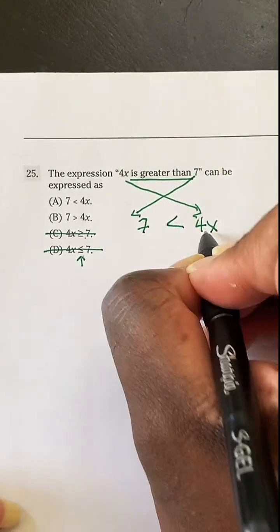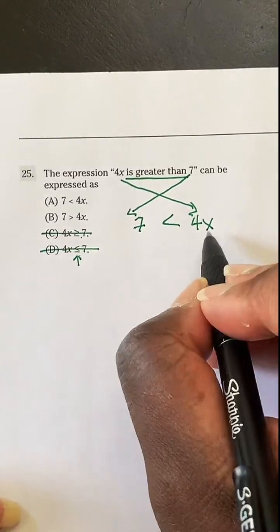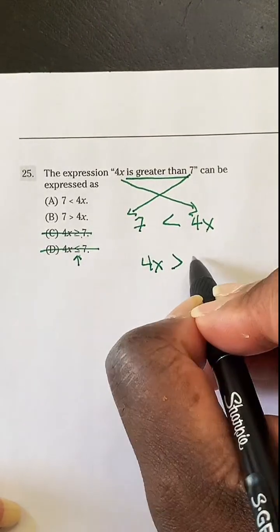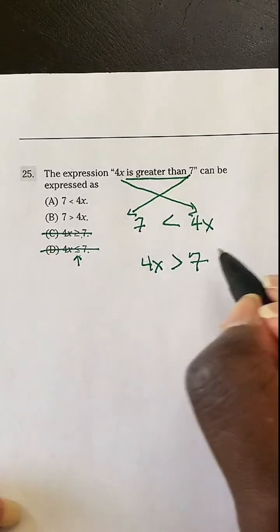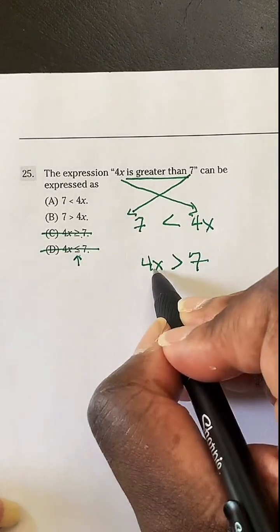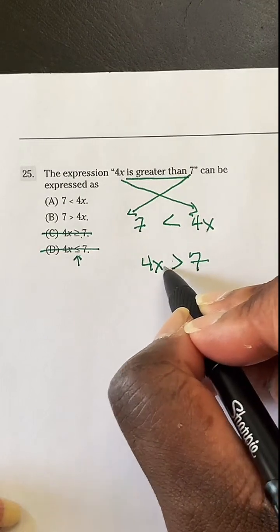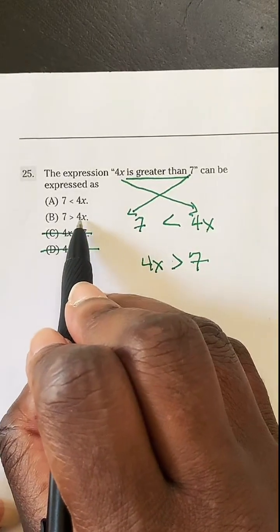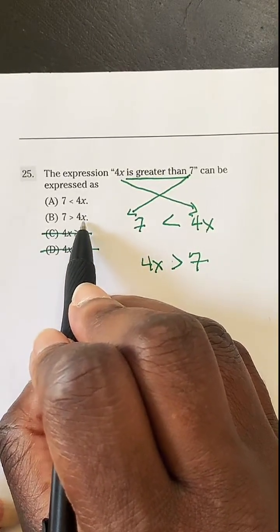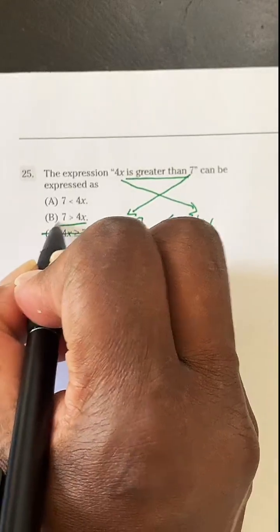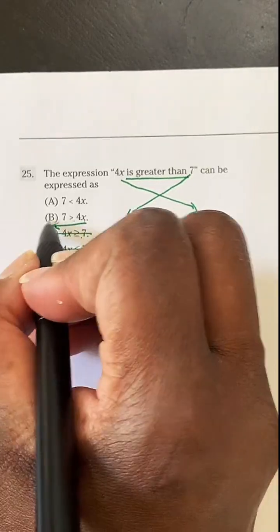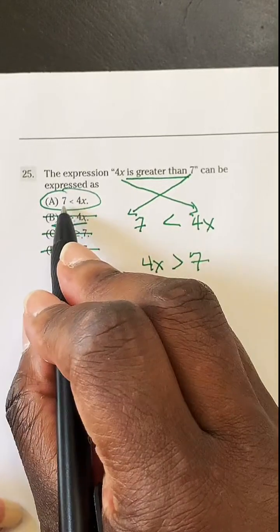That means the 4x, I know that's a less than symbol, but if I flipped it, we got 4x is greater than 7. But if they flip it, the opening is going towards the 4x. This one, the 4x, is less than if I read it from right to left. This says 4x is less than 7. Nope. We want 4x greater than 7.